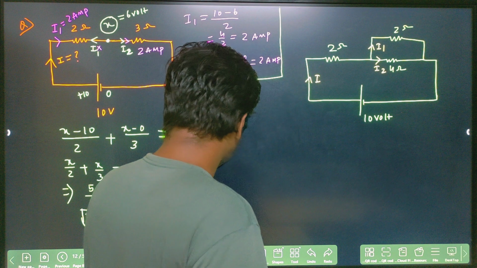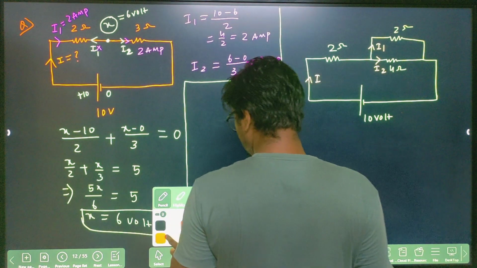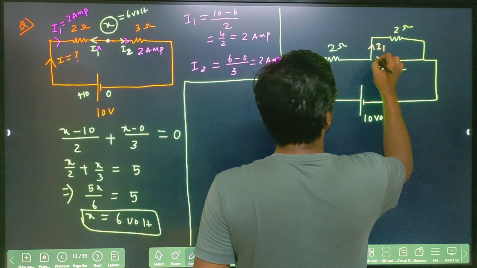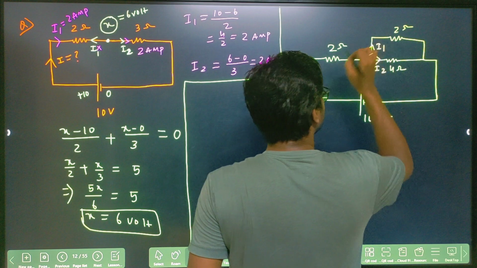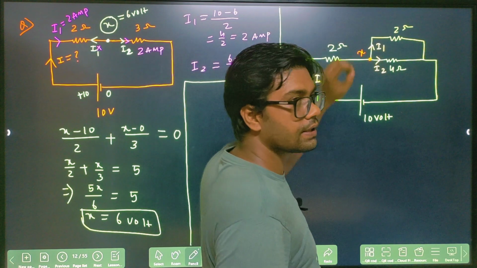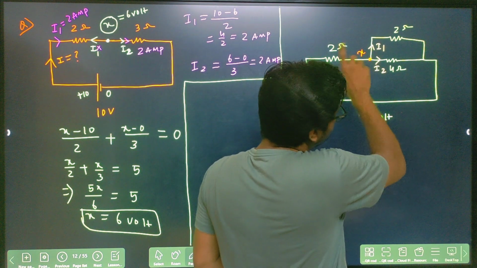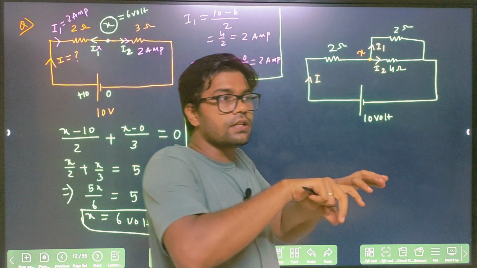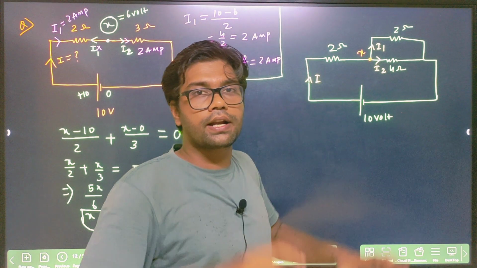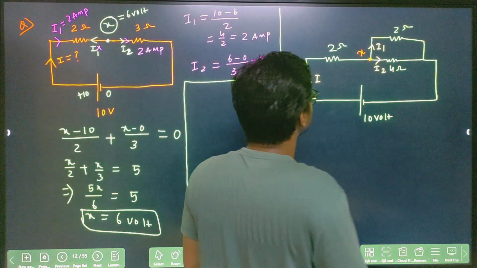So what you will do here, you will choose a junction. You will tell that this is your junction here. And you imagine the potential here is X. If this is the X potential and this is the junction, then from that junction the net outward current will be 0.